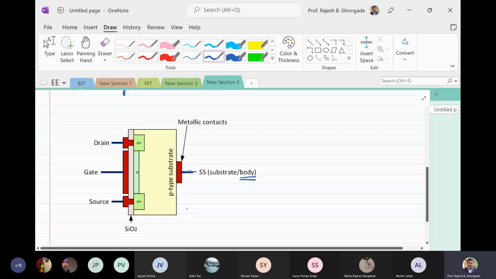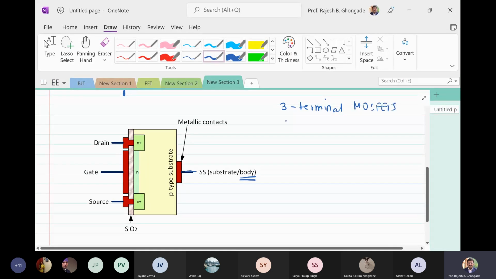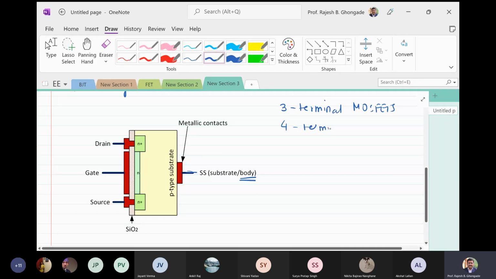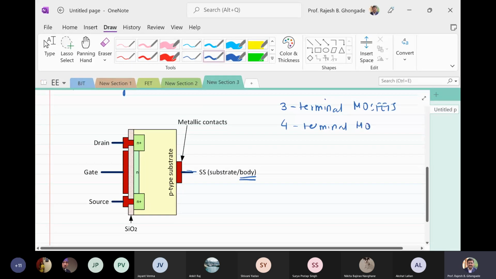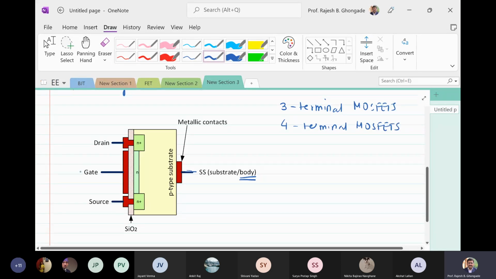So many times you will see that there are 3-terminal MOSFETs and there are 4-terminal MOSFETs also. Okay. So now what you're looking at is a 4-terminal device.